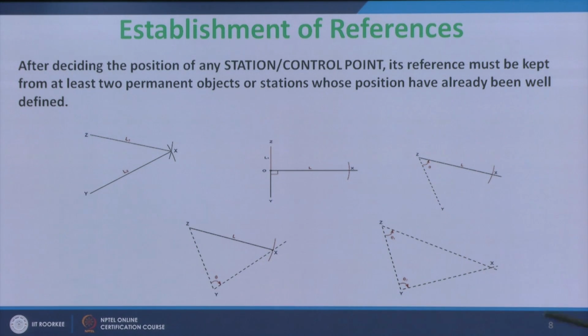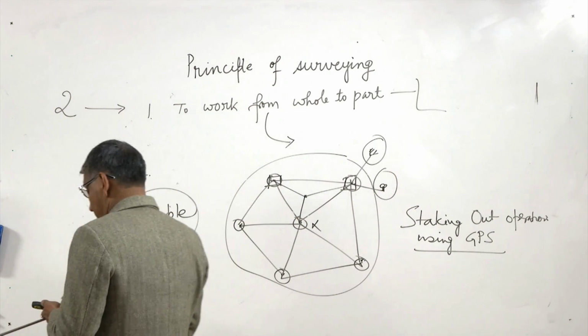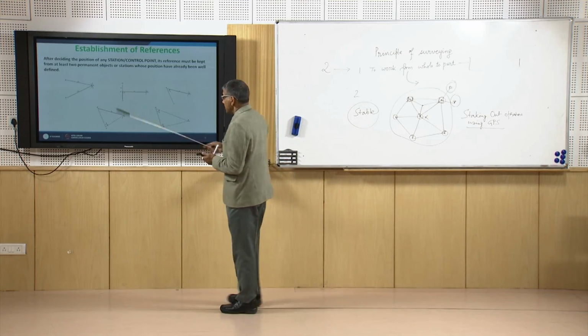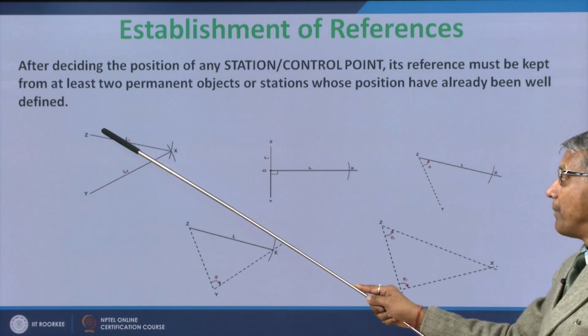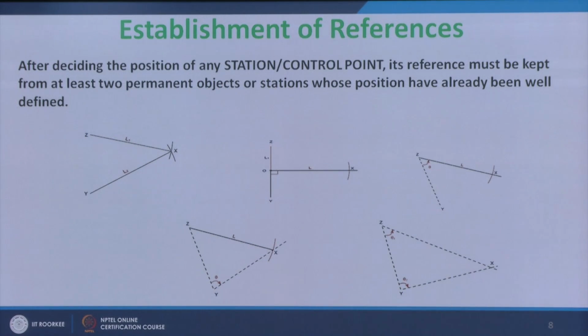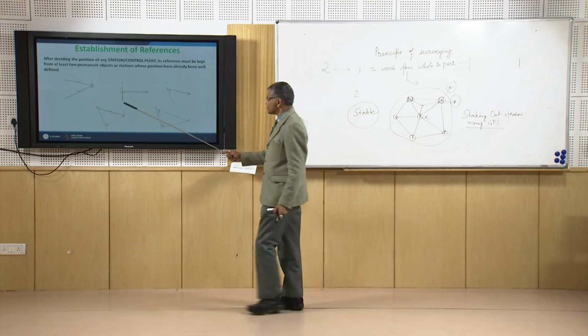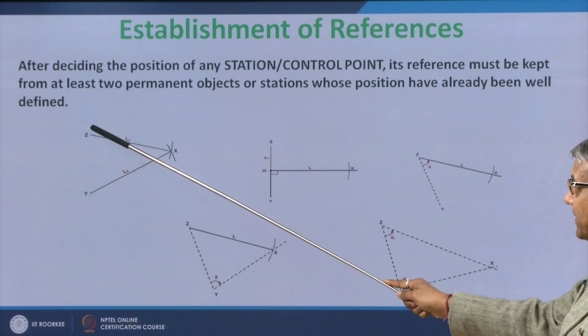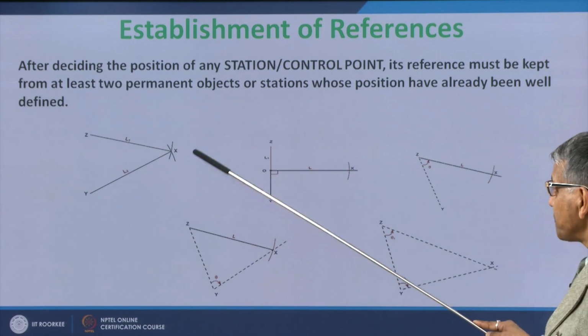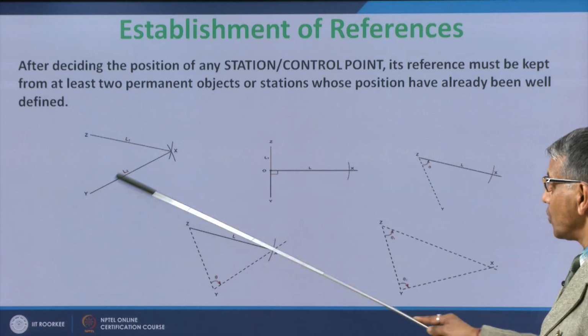This X location can be maintained with respect to 2 permanent objects like Y and Z. How to do it? By taking the distances from Z to X and Y to X.